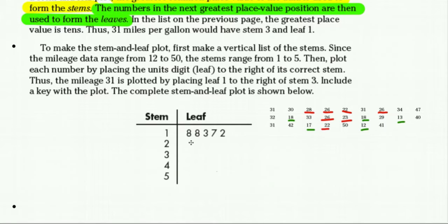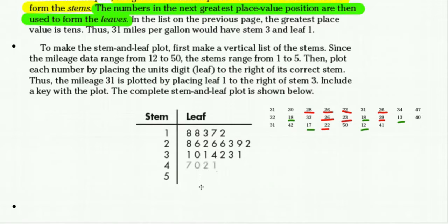So 8, 6, 2, 6, 6, 3, 9, we forgot 9 right over here, and then the last 2 right there. And the same thing that you're going to do with the stem for 3, which are 1, 0, 1, 4, 2, 3, 1.